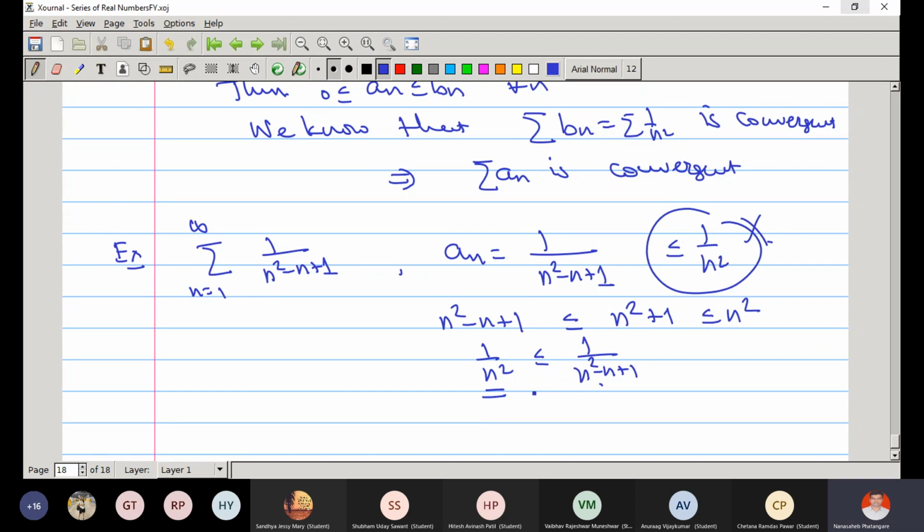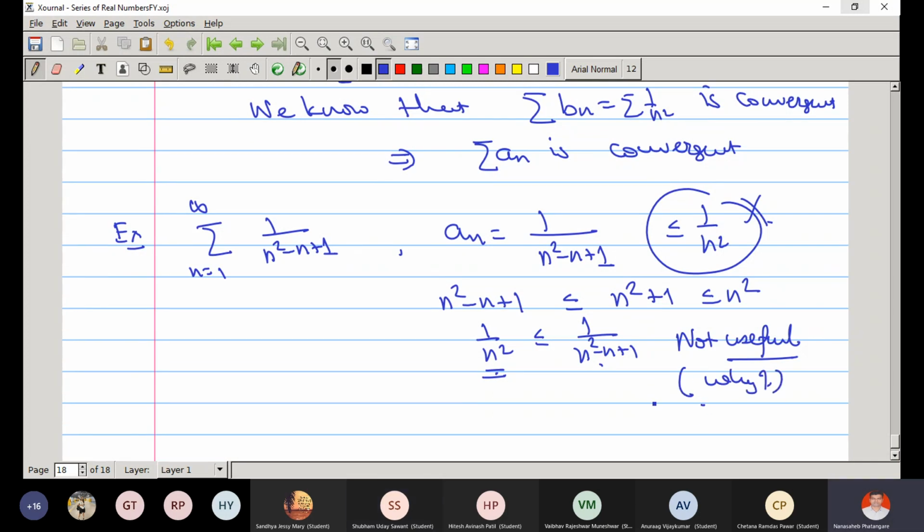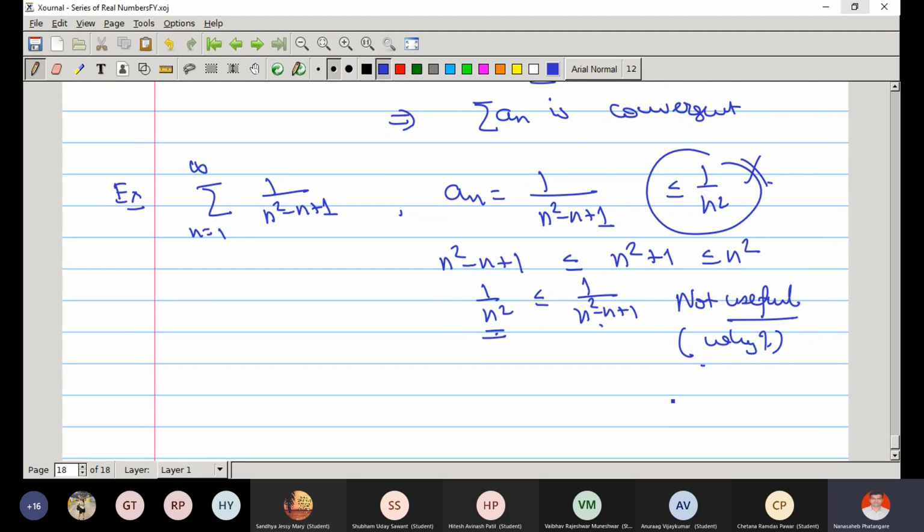That is clear. But if the smaller thing is converging, then the larger may not be. So this is not useful. Do you understand why it is not useful? Yes, sir. Right. So therefore we need to have some different technique.